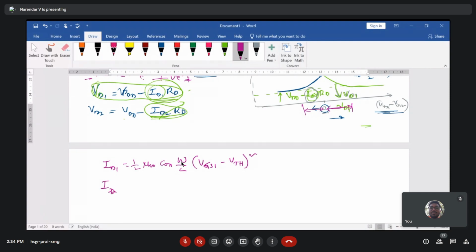What is ID2? ID2 is equal to half mu n COX W by L (VGS2 minus VTH) whole square.